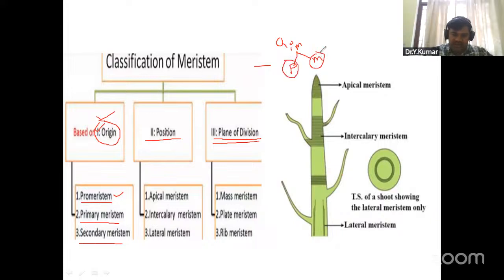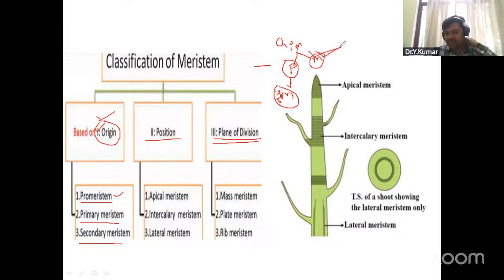I already told you the meristematic tissue is capable of division, but the permanent tissue is not capable of division. But whenever necessary, they can regain the capability of division. That's why this permanent tissue, whenever necessary, can metamorphose into meristematic tissue. So this is formed a second time. That's why it is called a secondary meristematic tissue.